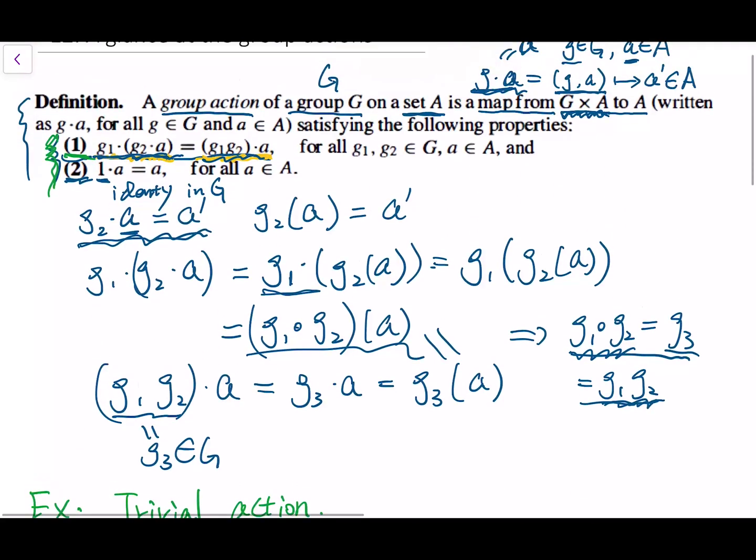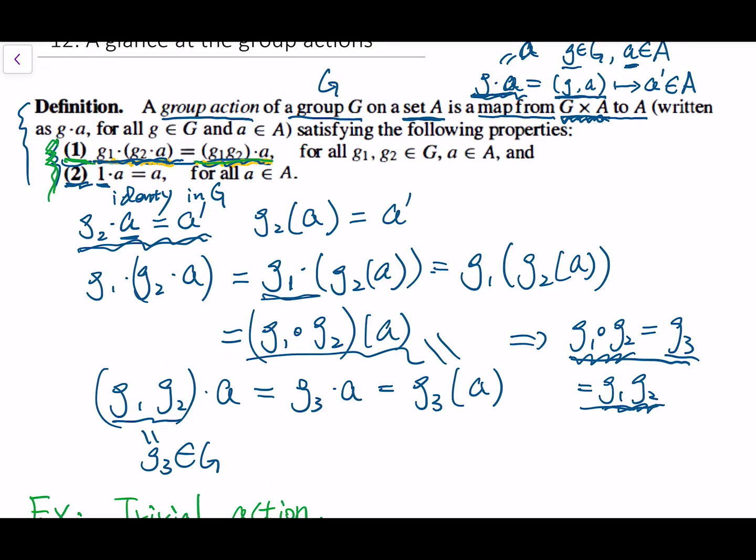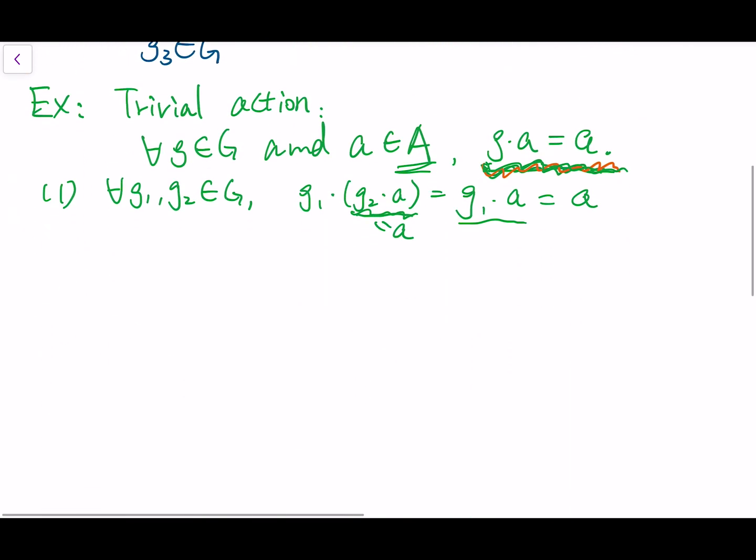Then for this equality, we need to consider the right hand side. This is G1 multiplied by G2 acting on the element A. Because G1 and G2 under the operation of the group give another element in the group, we can call it G3. So this becomes G3 acting on A. And because G3 is also an element of the group, when it acts on A it is the identity map, and we get A back.